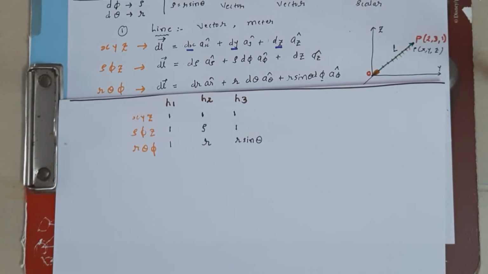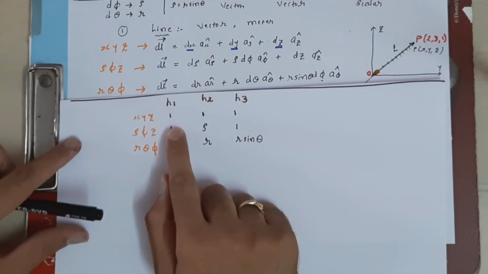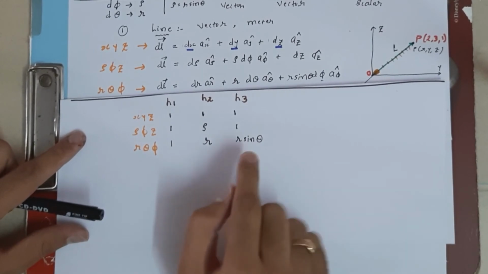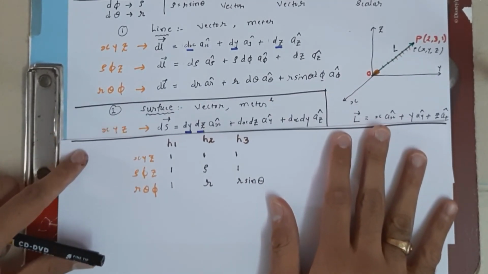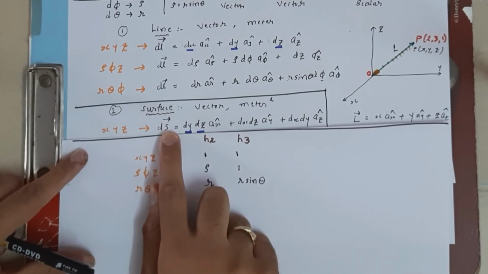Now you have to just remember this matrix, and this matrix is very easy: 1 1 1, 1 rho 1, 1 r r sin theta.